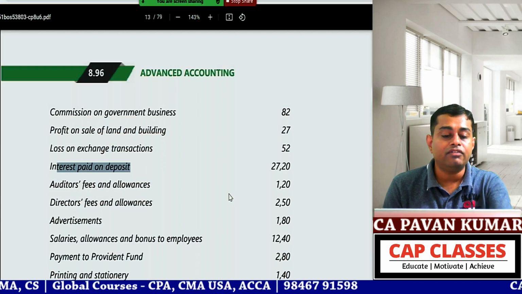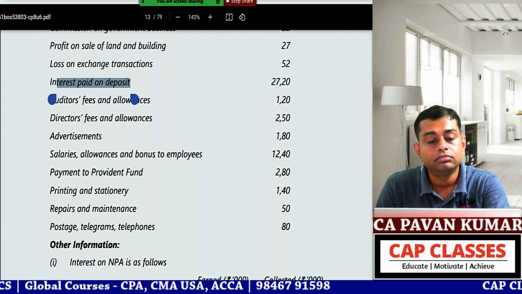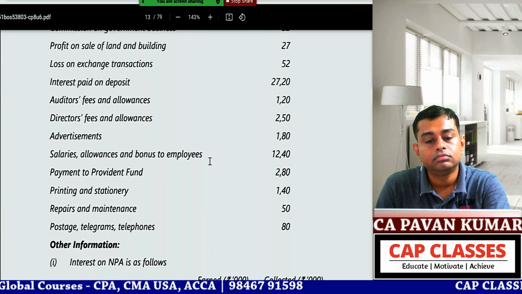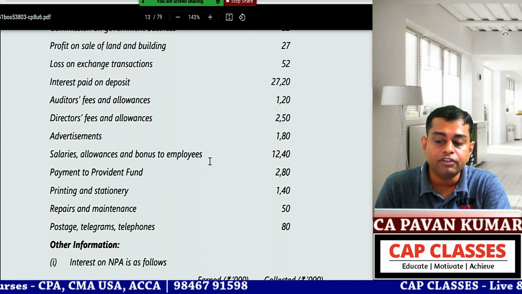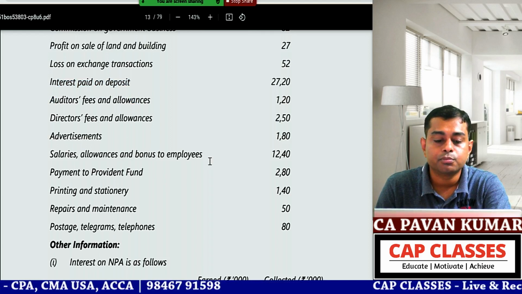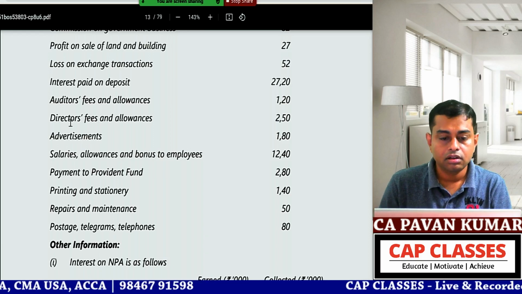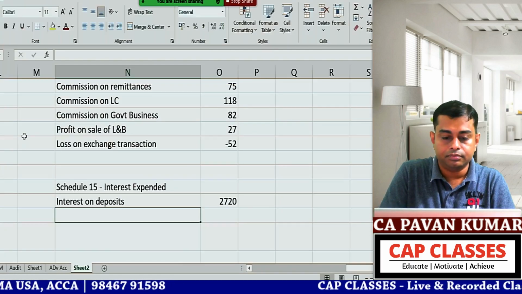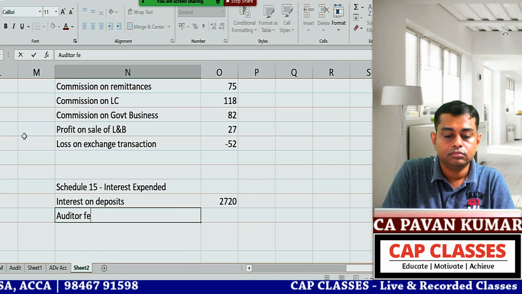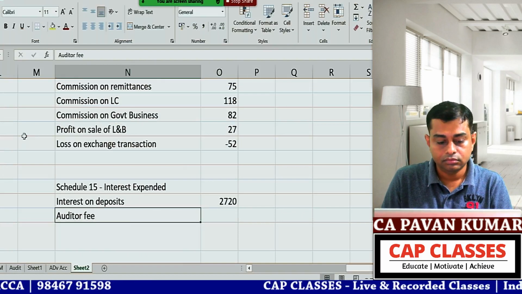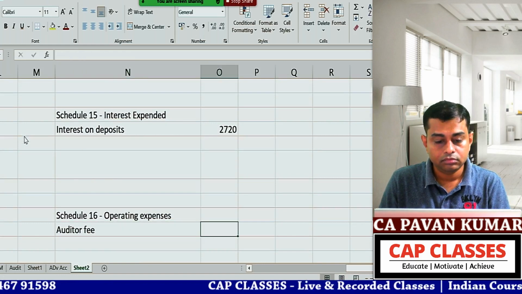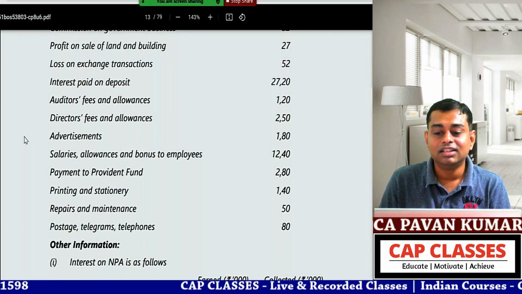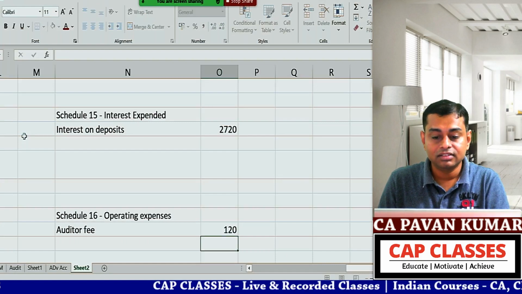Then auditor's fee and allowances, where will you put? Operating expenses. How much? 120.